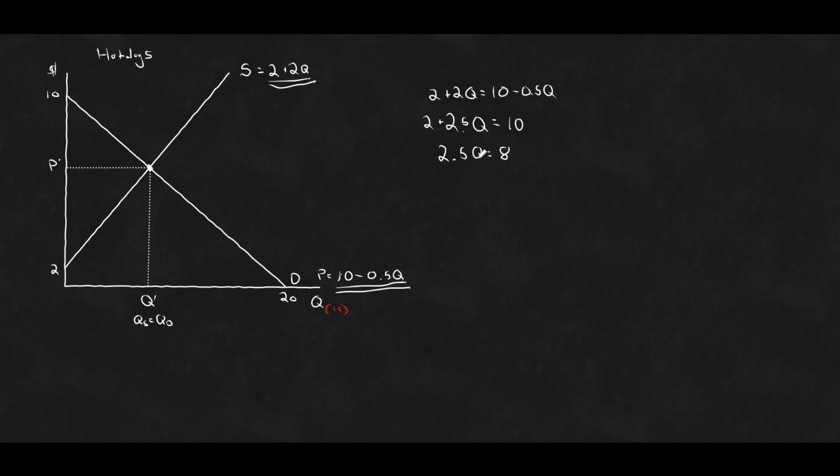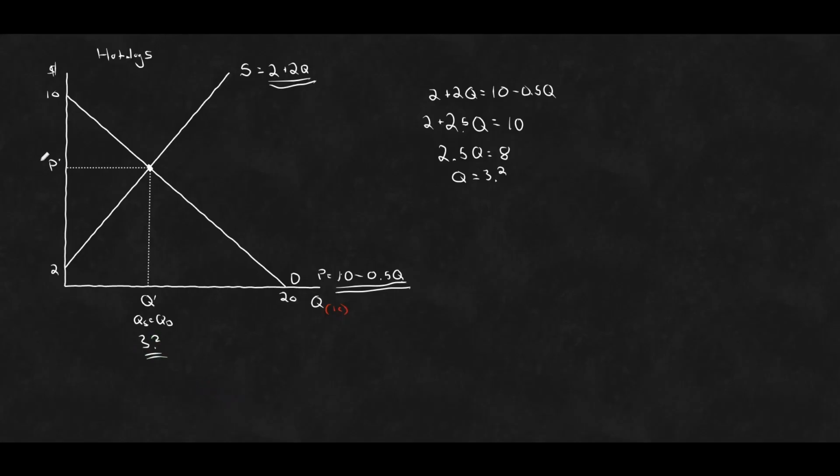Continue to isolate our Q. Divide both sides by 2.5, and we get that Q, our equilibrium such that quantity supplied equals quantity demanded, is 8 divided by 2.5, which gives us 3.2 as our quantity. So if these were thousands, that would be 3,200 hot dogs. 3.2 is our quantity exchanged of hot dogs.